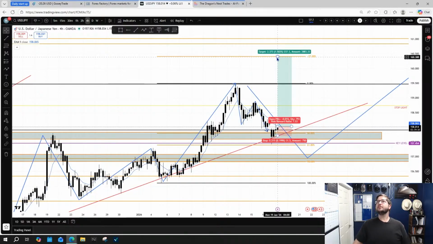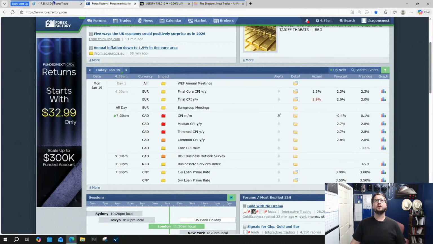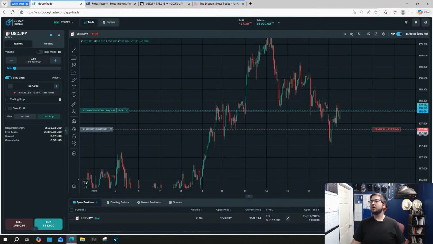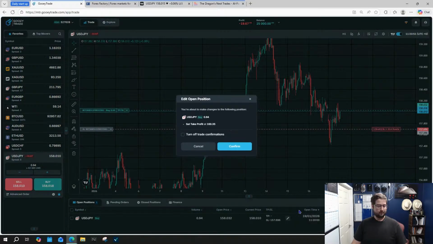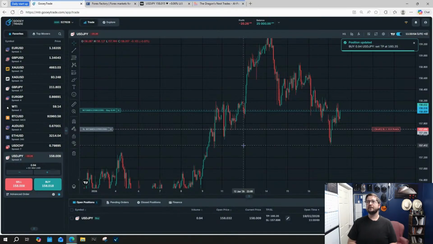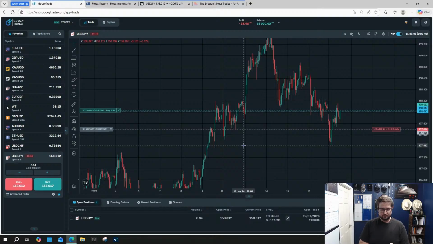Yeah, I'm going to do 160.35, because I don't mind missing out a little bit. Edit here. Not that one. Take profit, and then take profit zone. 160.35. Save. And if this hits, then at that point, that will give us a 1 to 7.5 risk reward ratio.